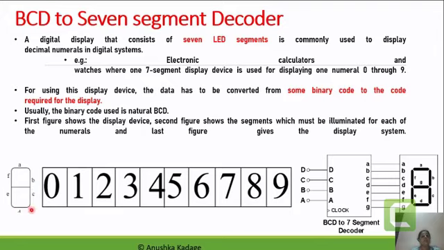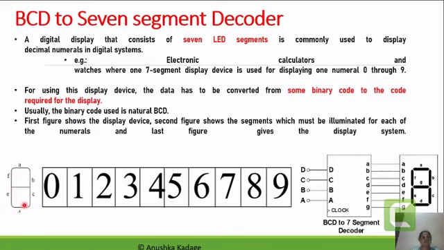Then the lower segment is D, and on the left hand side the 2 vertical segments are named E and F, and the middle segment is G. This is how the naming convention for all 7 segments of the LED display is followed everywhere in the world.